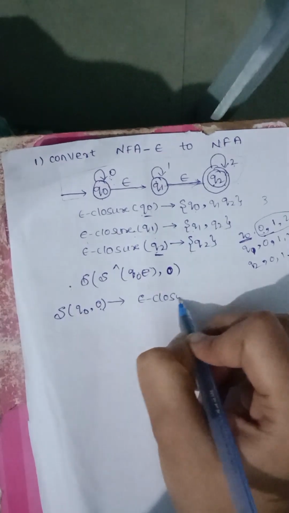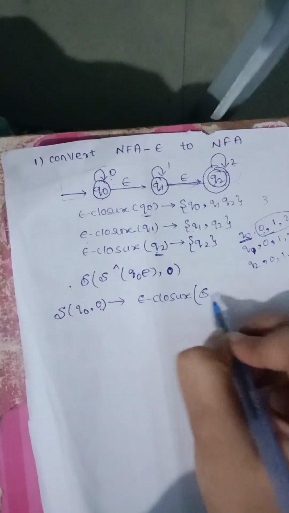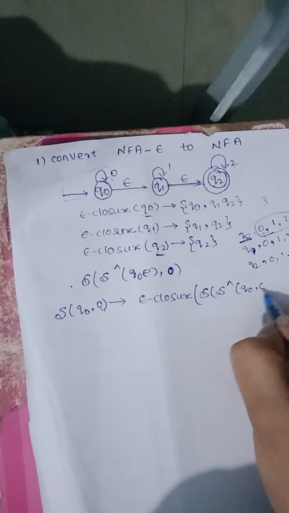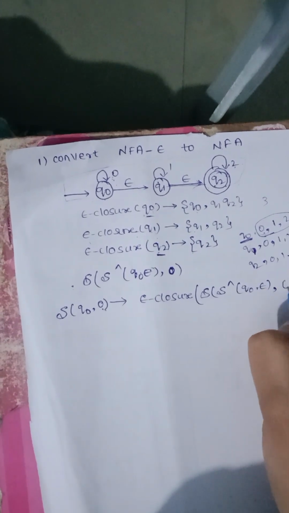Epsilon closure of delta cap Q0 comma epsilon comma 0.